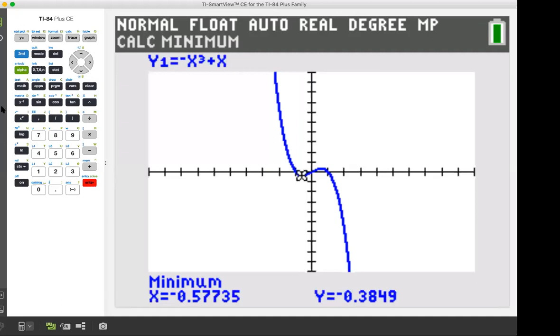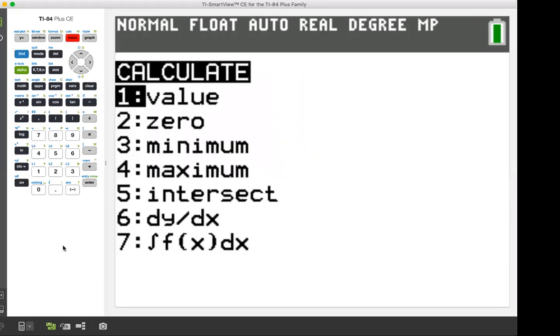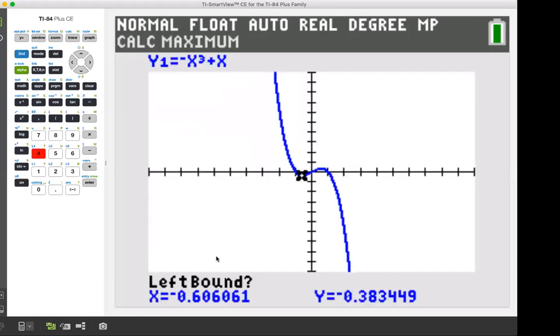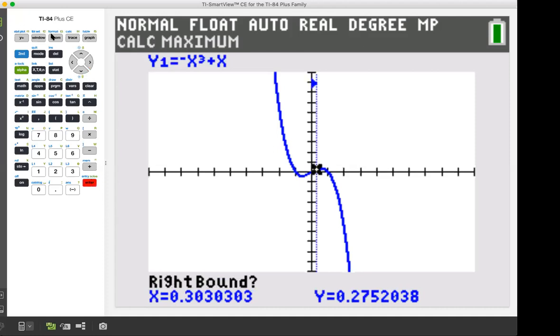So then if I want to find the maximum, I go back and I do second trace. We want number 4, the maximum this time. I need to kind of move my little blinking cursor so that it's close to the max. So if you ask the calculator to find a max, the cursor needs to be near the max. And if there are 2 maximum values, then you have to do this twice.